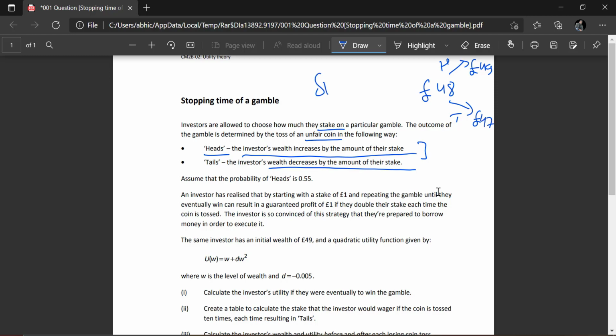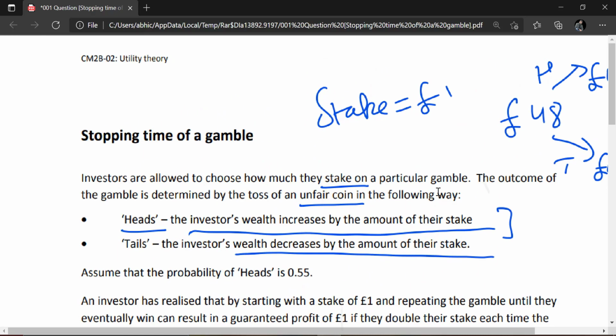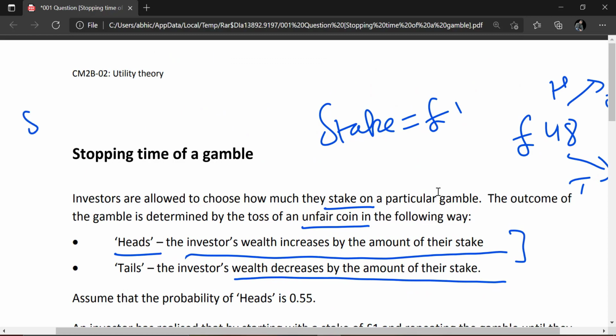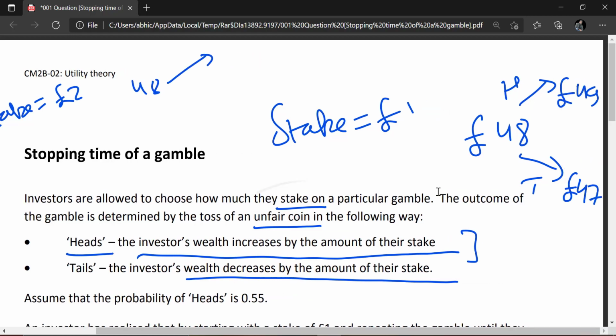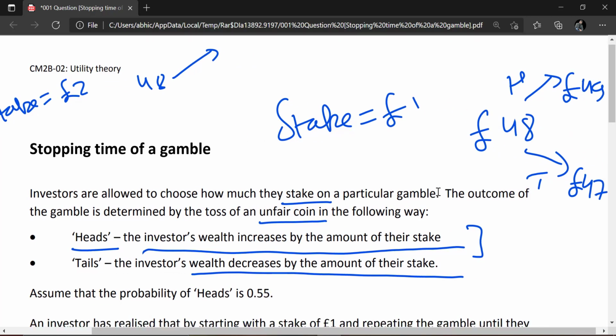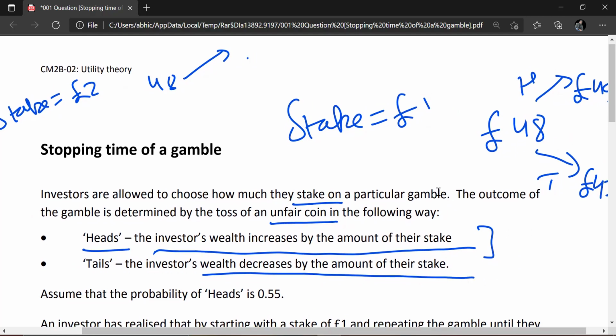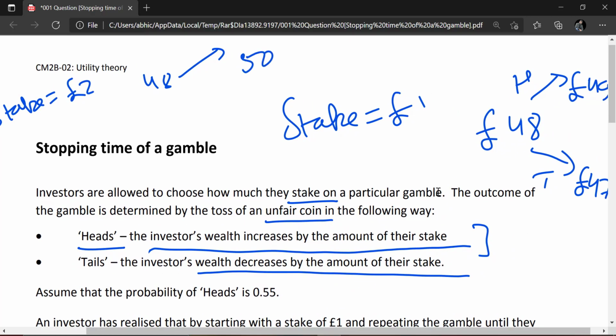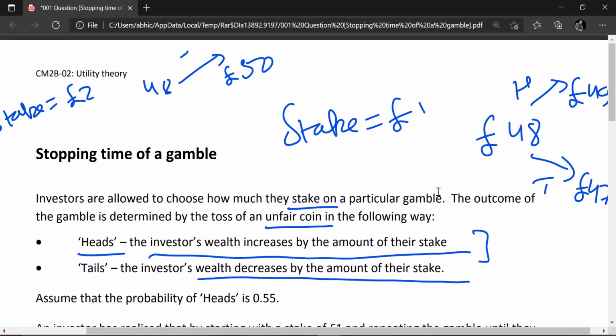So the stake is £1 in this case. Had they put £2 at stake, then things would look different. If the stake was equal to £2, then this 48 would have gone to 50 on a victory, if they get a heads.